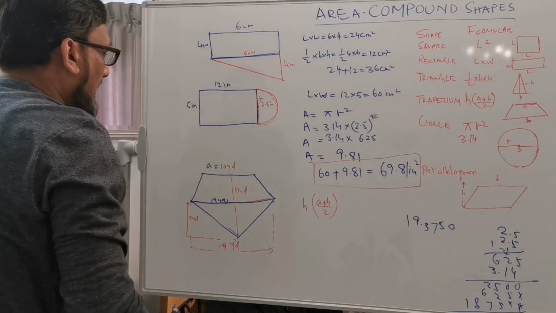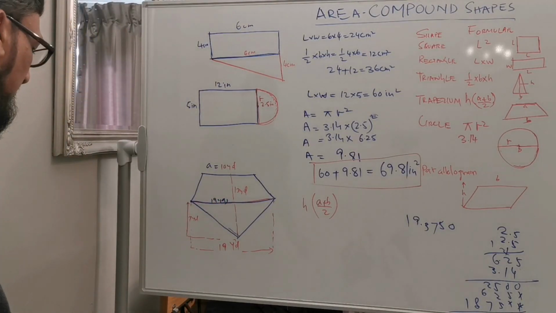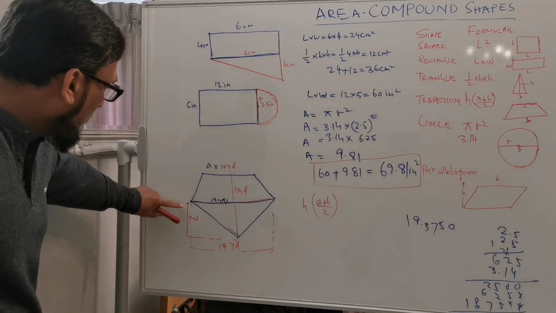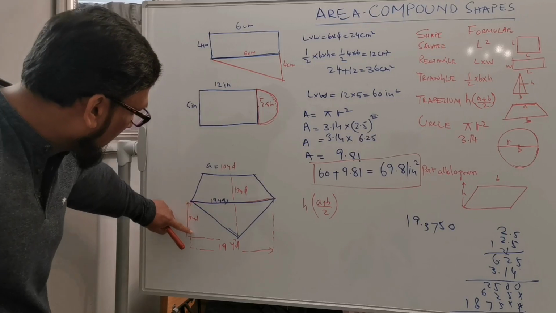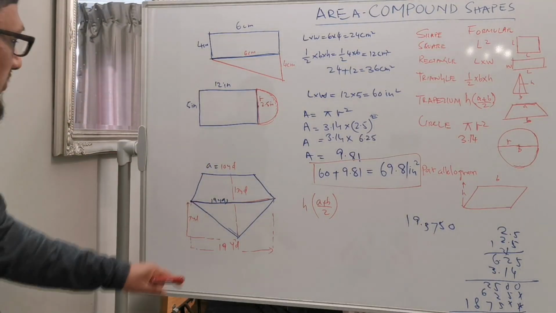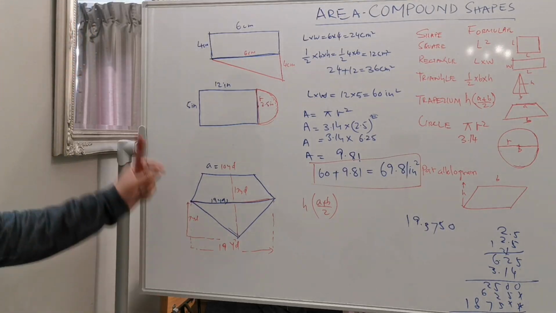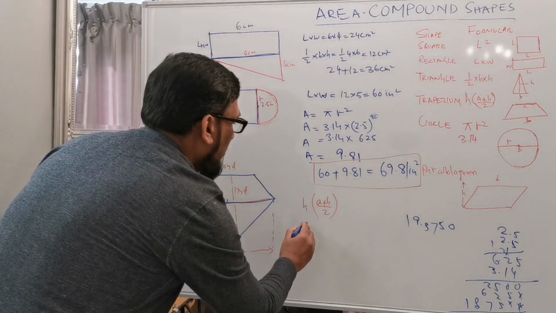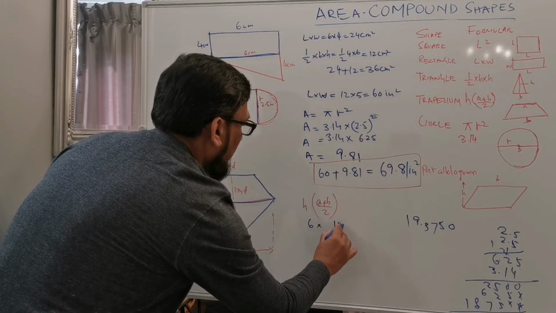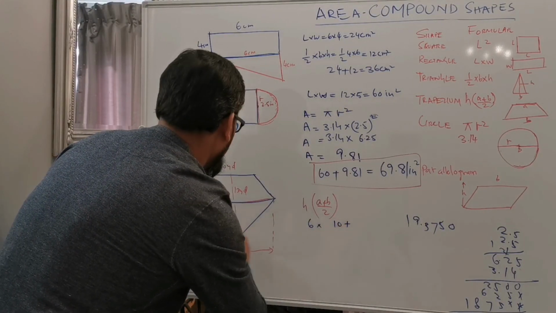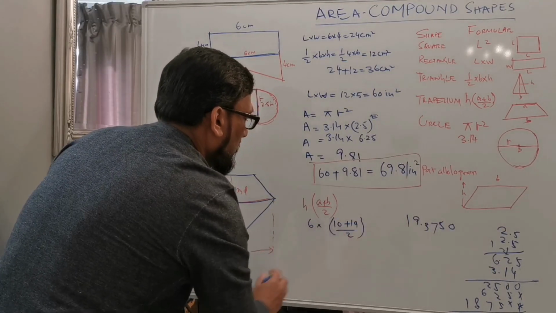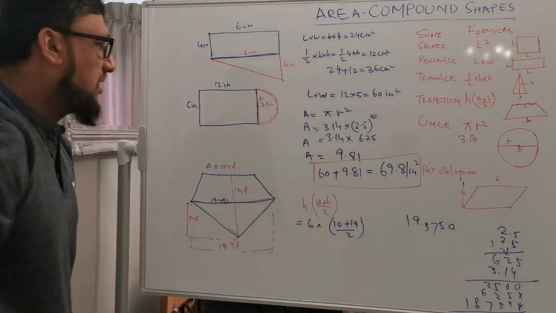The total height is 13 yard, but as we know from the triangle, the height is 7 yard, so the balance will be the height for the trapezium. So 13 take away 7 is 6, so the area is 6 times (10 plus 19) divided by 2. So this is the area for the trapezium.